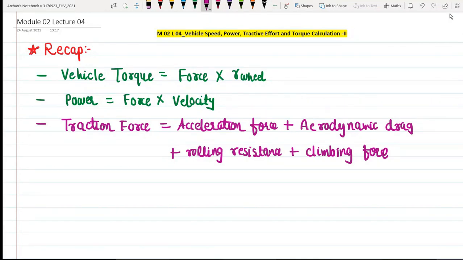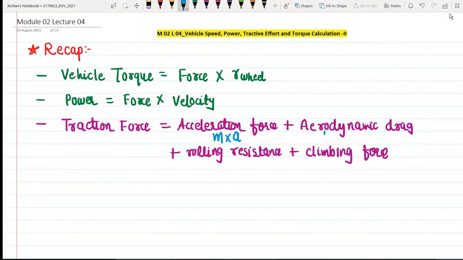Now talking about the acceleration force, it is generally given by m into a, where m is my gross vehicle weight and a is the acceleration, and it is dv by dt. Then we have aerodynamic drag.